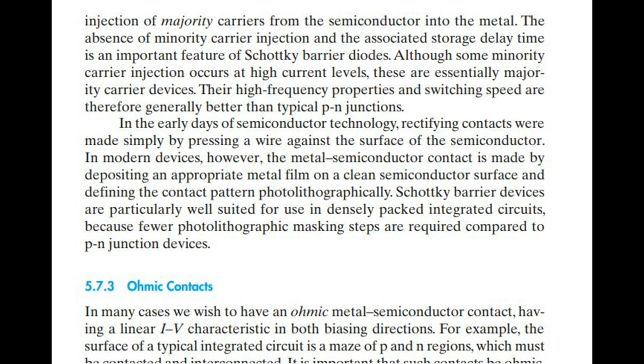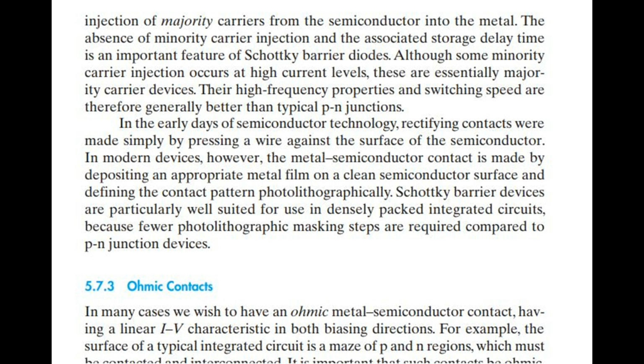The absence of minority carrier injection and the associated storage delay time is an important feature of Schottky barrier diodes. Although some minority carrier injection occurs at high current levels, these are essentially majority carrier devices. Their high-frequency properties and switching speed are therefore generally better than typical p-n junctions.